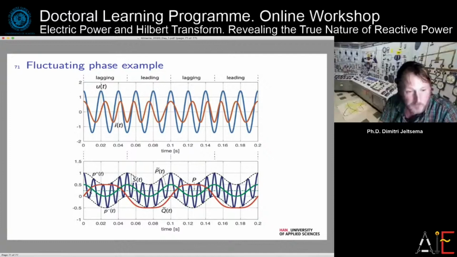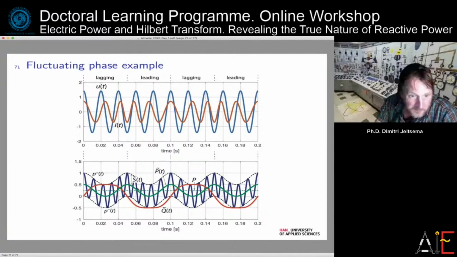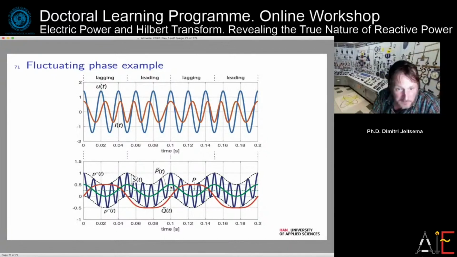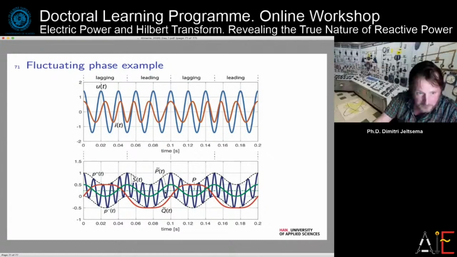And then the green one is the time varying real power, and that is going from something positive to 0, and when it's at 0, then your time varying imaginary power is maximum, right? And then the mean of the green oscillating thing, that is what is called the active power.